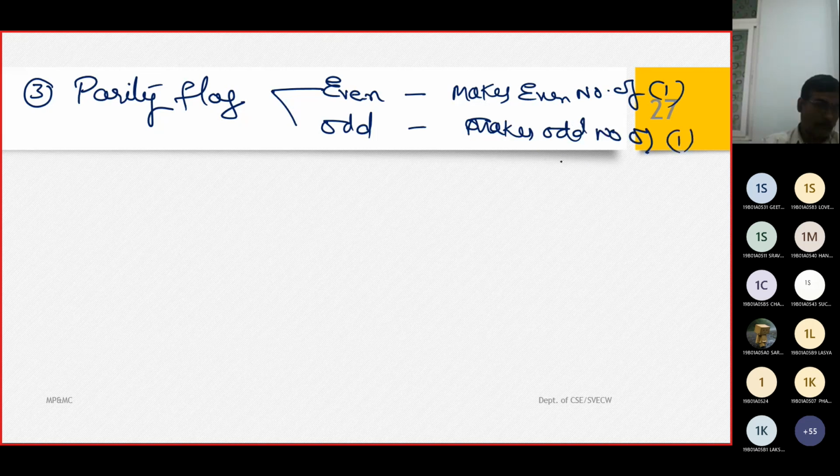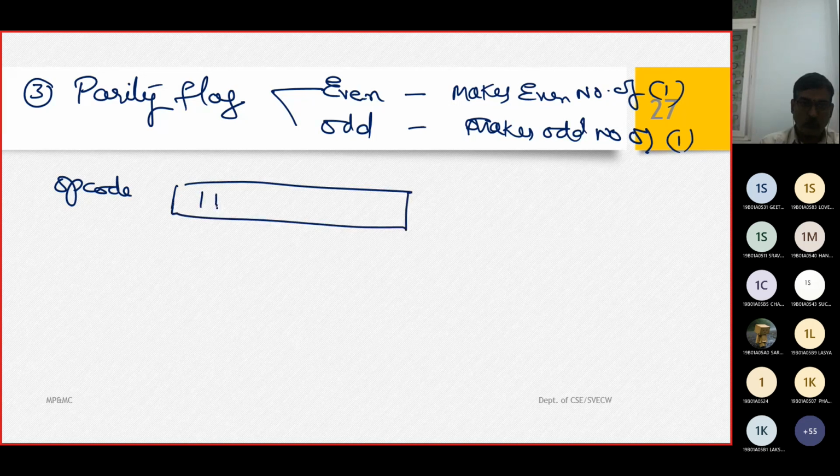So let us say the opcode was 1101, 1011.